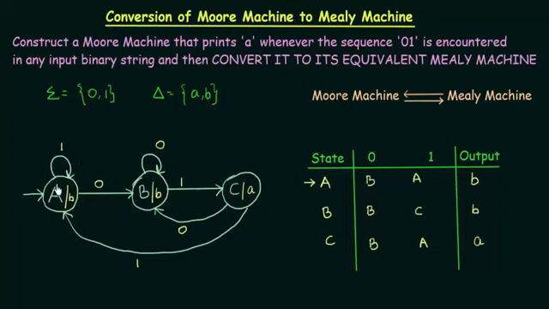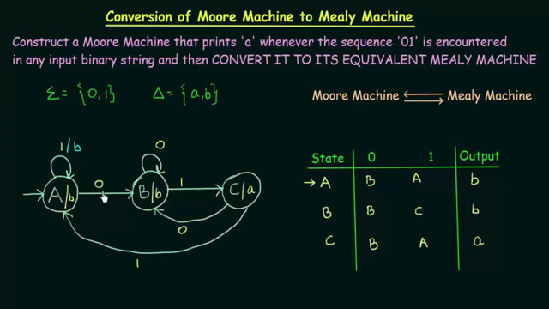Coming to the first state, in state A we have output b, and let's look at the transitions. Here we have input 1, which goes to A, and what is the output associated to A? It is b. Since this 1 is going to state A, and the output associated to state A is b, this 1 will have the output b.